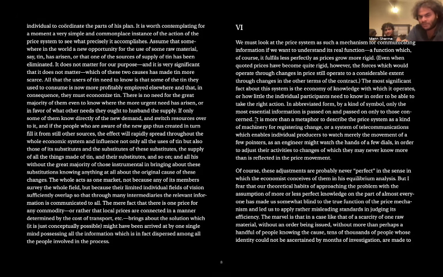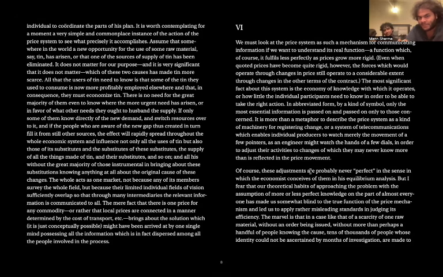In abbreviated form, by a kind of symbol, only the most essential information is passed on, and passed on only to those concerned. It is more than a metaphor to describe the price system as a kind of machinery for registering change, or a system of telecommunications which enables the individual producers to watch merely the movement of a few pointers, as an engineer might watch the hands of a few dials, in order to adjust their activities to changes of which they may never have known more than is reflected in the price movement.